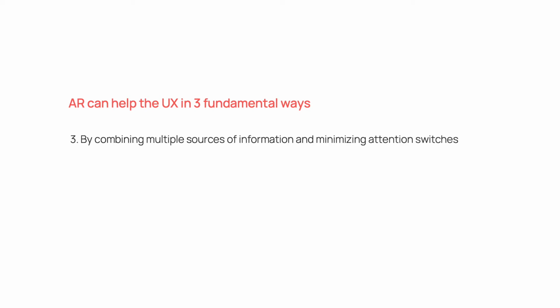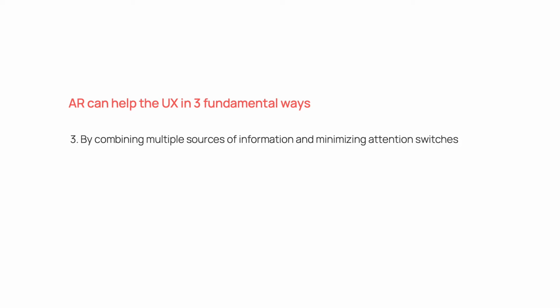And the third way AR can help user experience is by combining multiple sources of information and minimizing attention switches. For example, with a non-augmented reality system, if the mechanic wanted to save the part number and use a different system to find its history, he would have to switch attention from the plane to that external source of information, providing the part's age, for example.